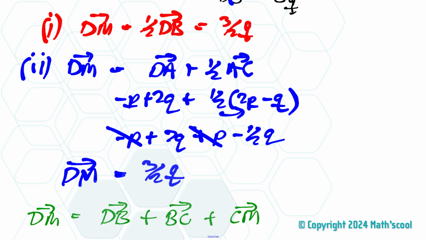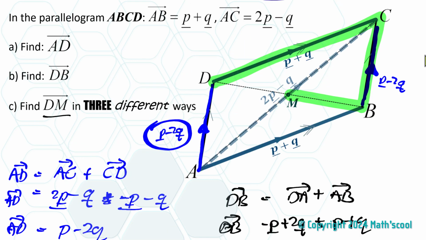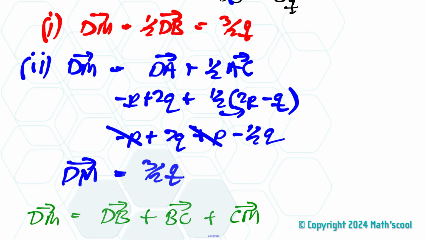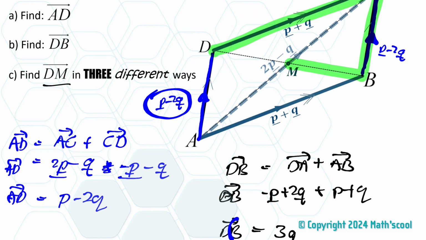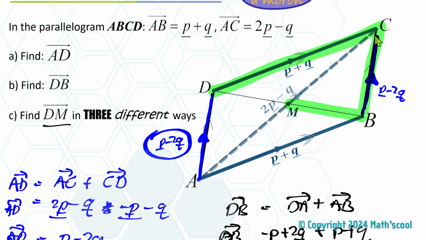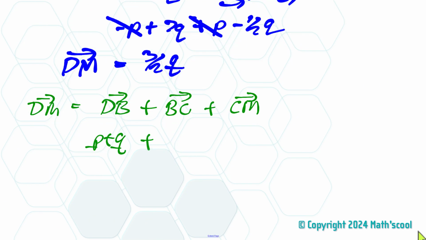And D to B, I know is P plus Q, plus B to C, that was P minus 2Q. But we're going the opposite way, so it's minus P plus 2Q.